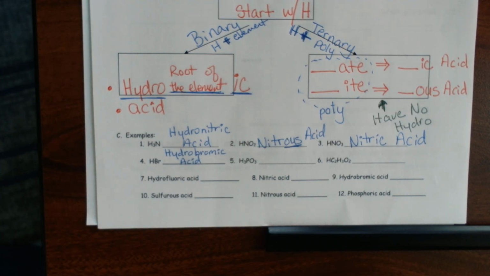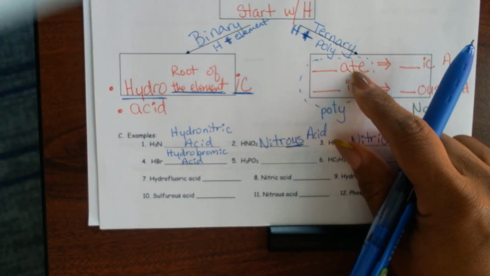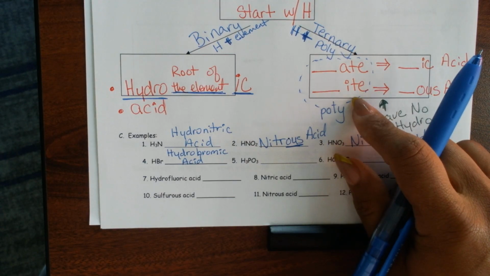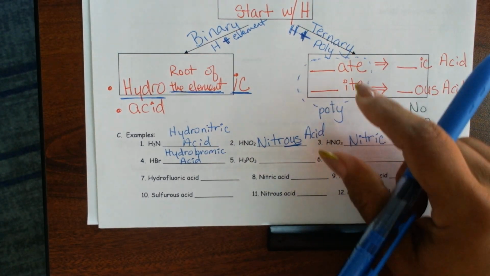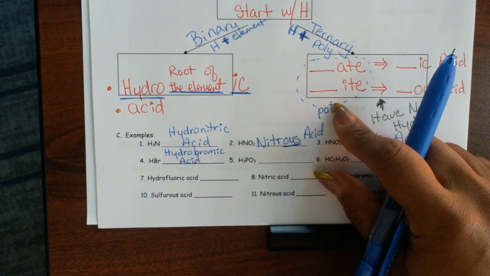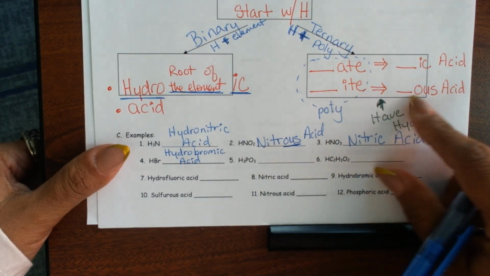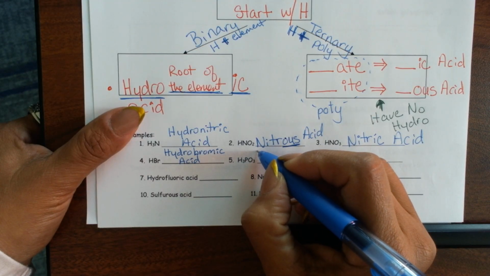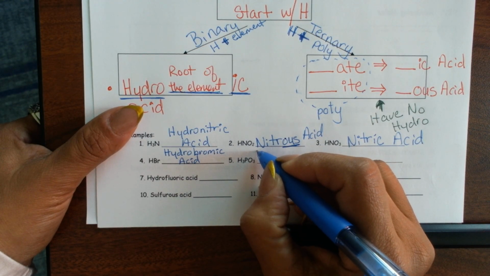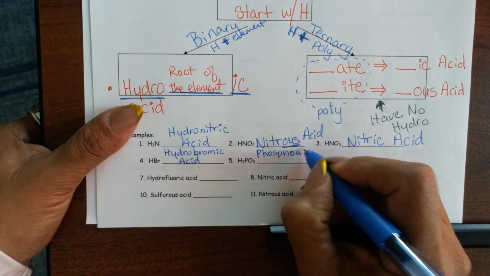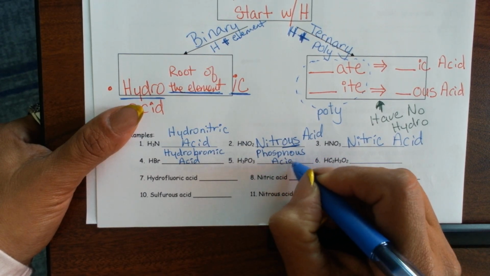I was talking long enough, I hope, so that you found PO3 already and decided if it's an ate or an ite. It is ite, and it's going to change to ous. So we're going to go ahead and call this phosphorous acid.